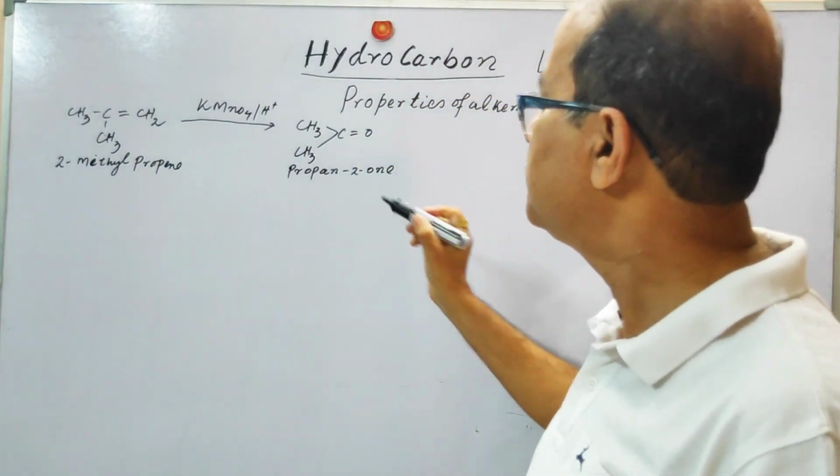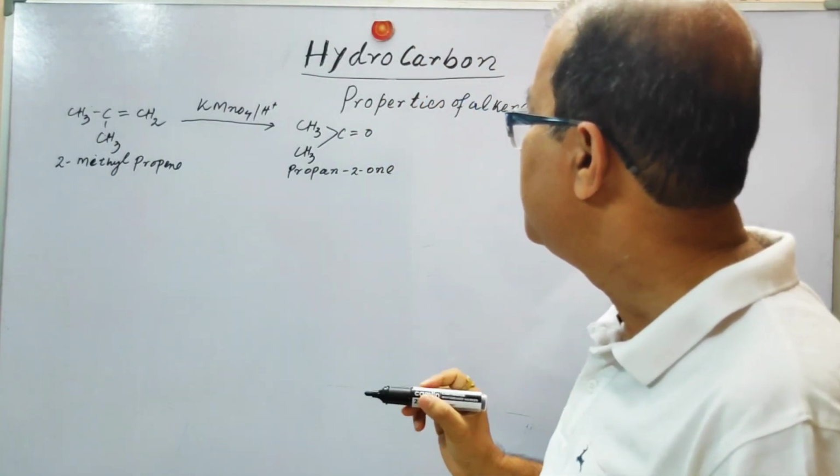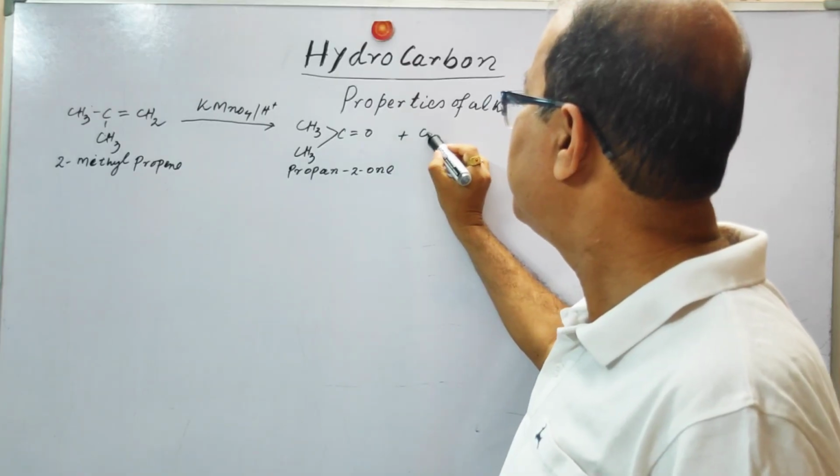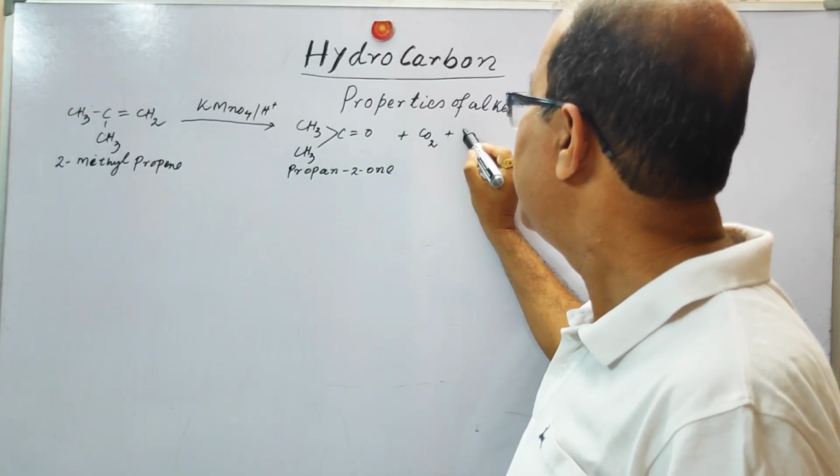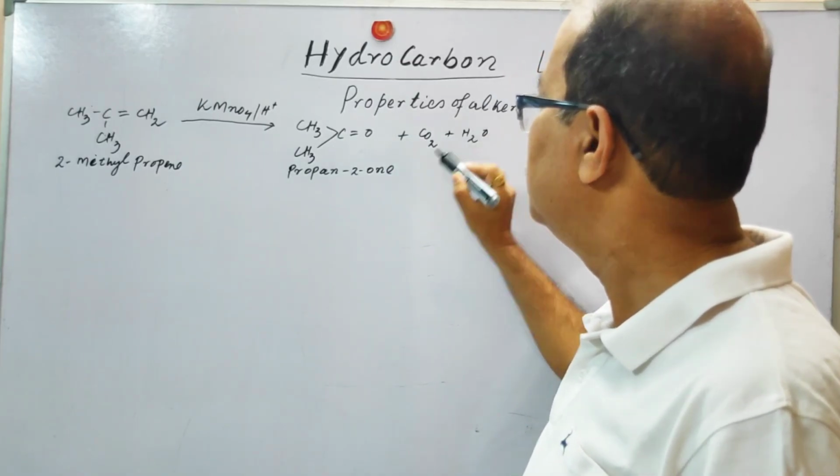Dimethyl ketone has been produced, the IUPAC name is propan-2-one, and the byproducts are CO2 and H2O.